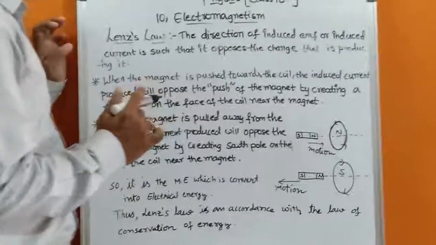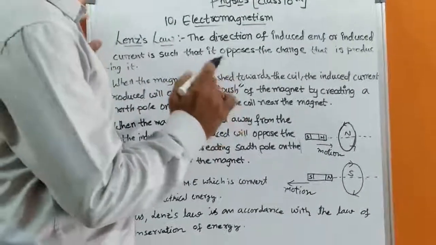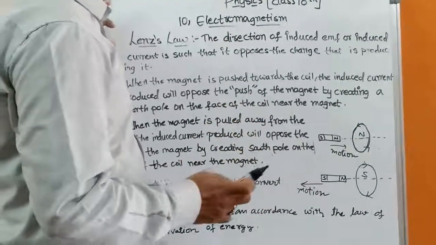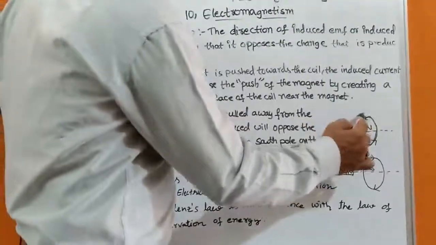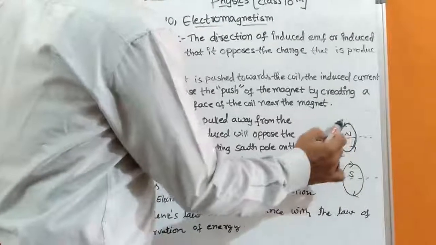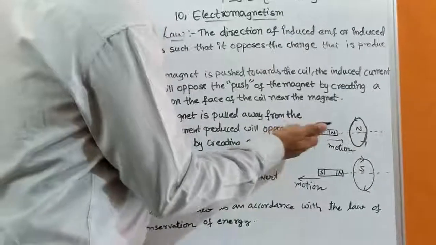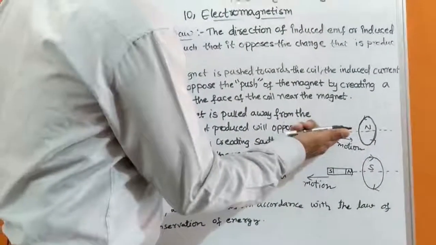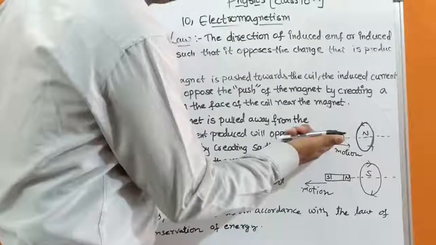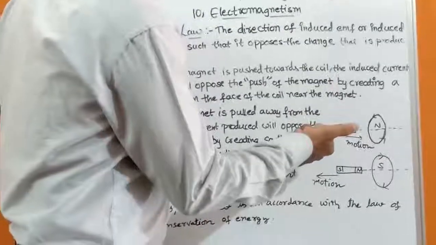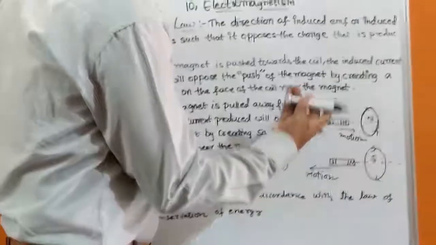Here we can understand this statement by a simple activity. Let us take one coil here, or instead of a coil we can even take a conductor, and this is one bar magnet facing the north pole. Suppose this is the north pole and south pole of the bar magnet.